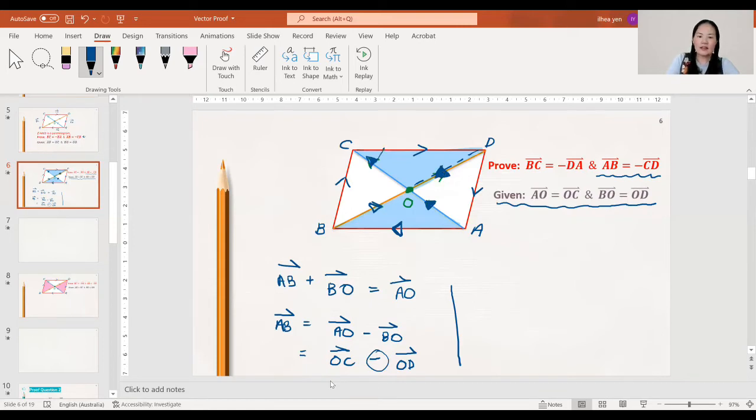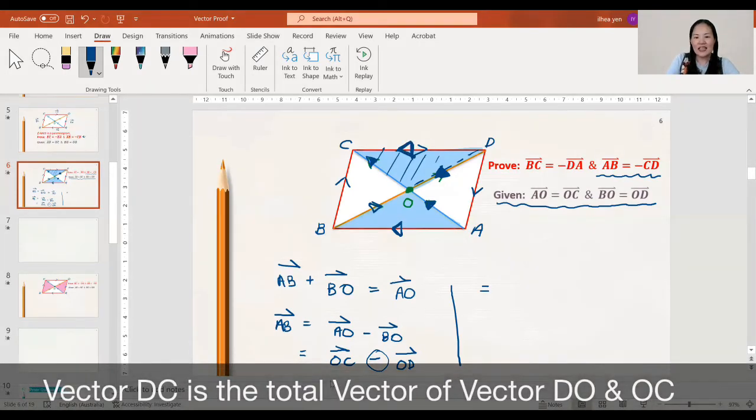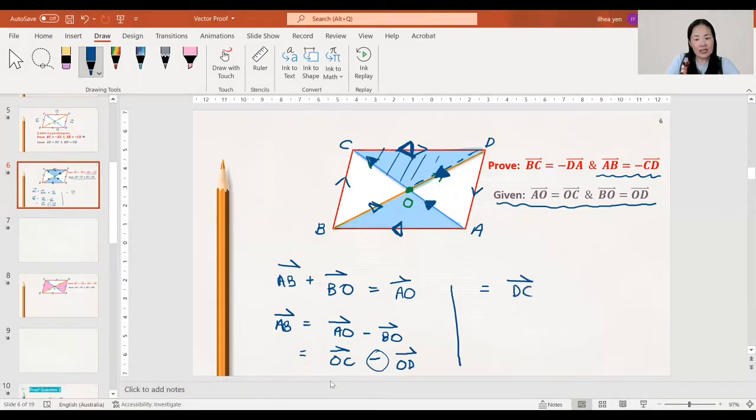Now looking at this triangle, that's the same as vector DC, which is opposite to vector CD, which is the same as this. So therefore, we can say vector AB equals opposite to vector CD.